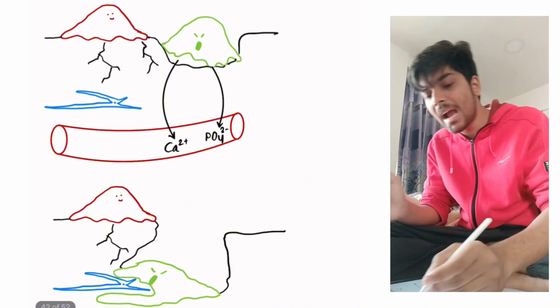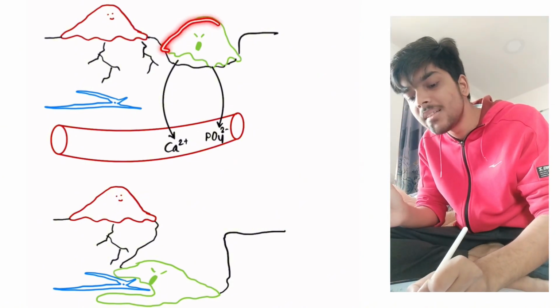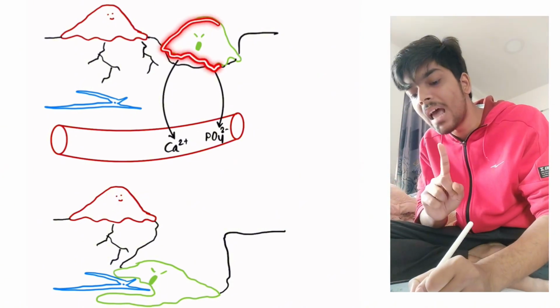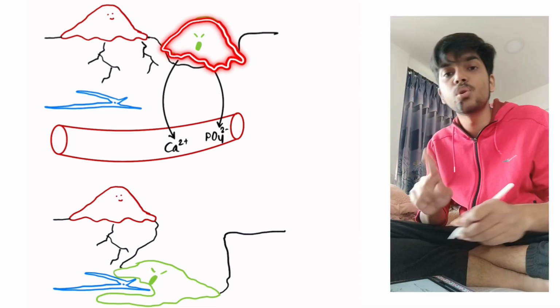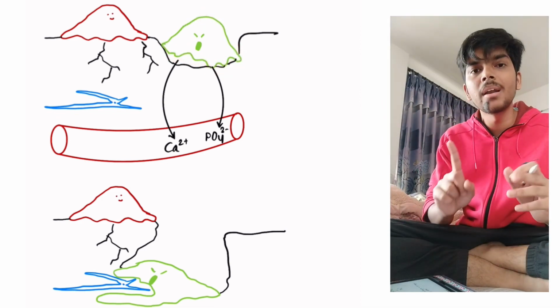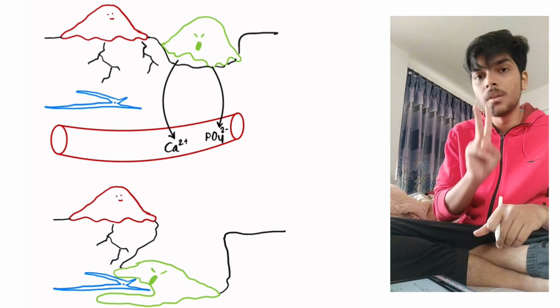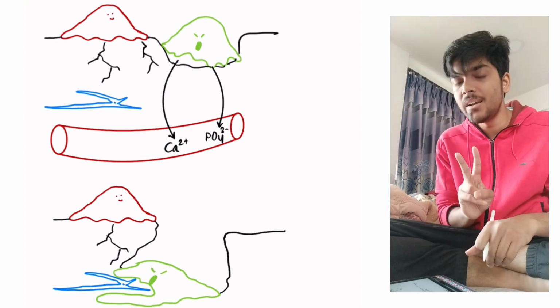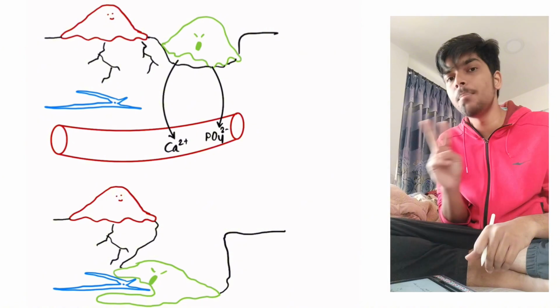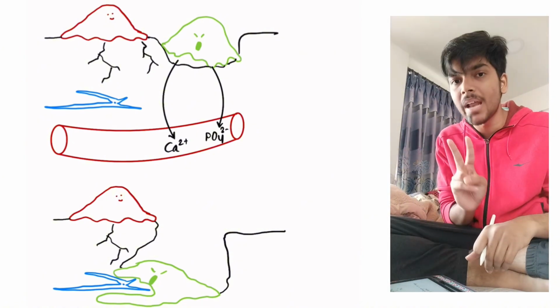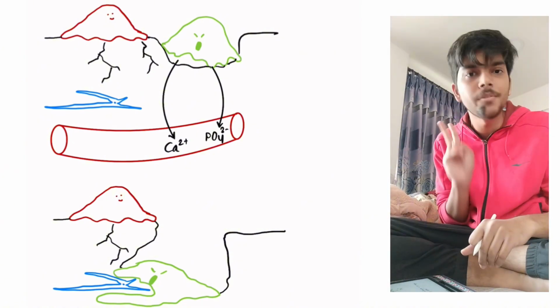During osteoclastic activity, your osteoclast releases, number one, lysosomal enzyme such as collagenase to break down the organic part of the bone, that is collagen. And it also releases, number two, hydrochloric acid, which dissolves the inorganic part of the bone, that is hydroxyapatite, into calcium ions and phosphate ions.